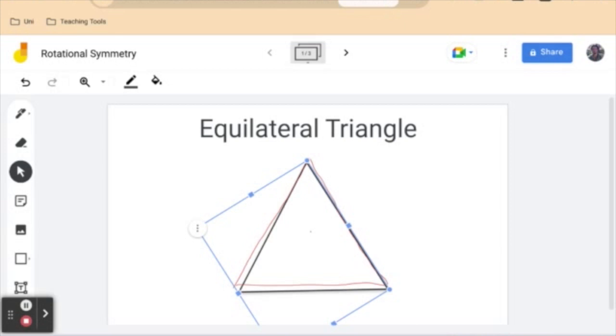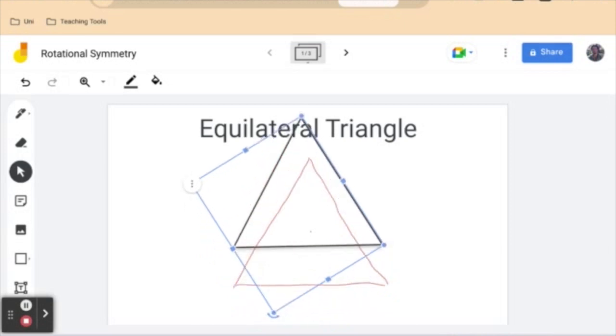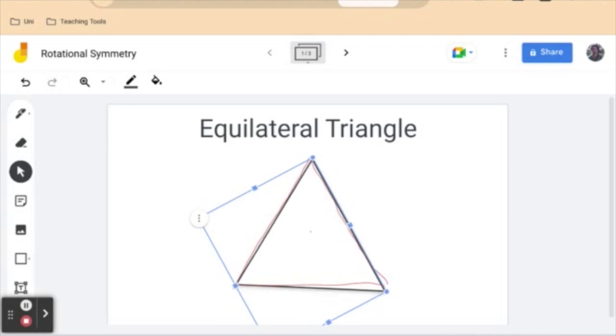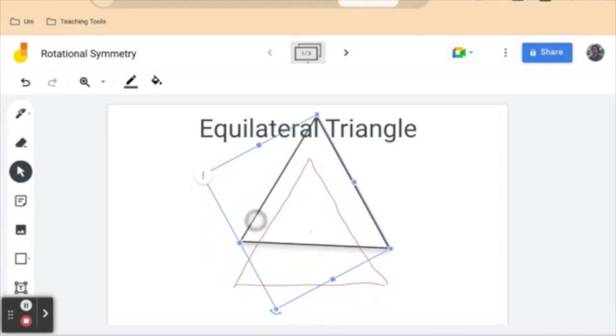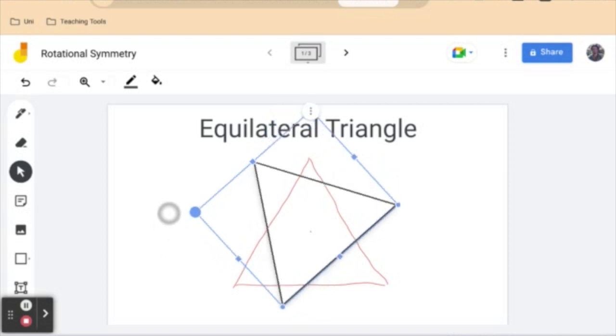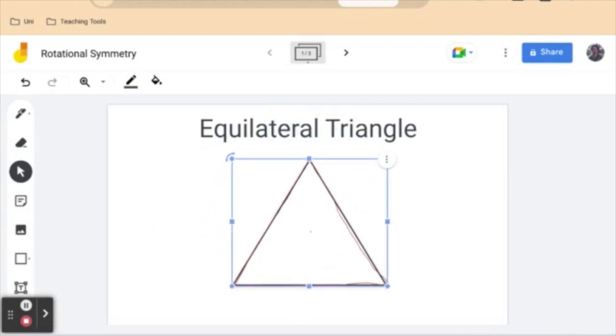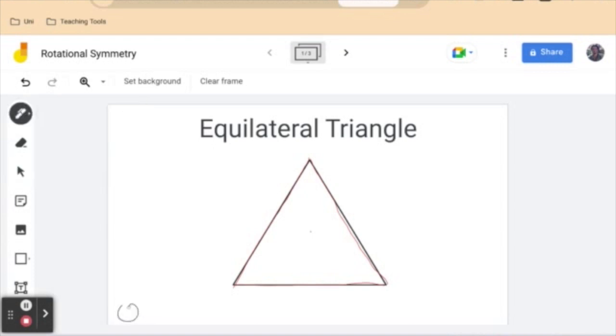I now have a second triangle that fits in my original shape here. And if I keep rotating, right at the end I'm back to my starting point. I have a third shape, or the third time this triangle reoccurs. So my order of rotational symmetry is 3, because I counted 3 equilateral triangles when I spun this thing around.